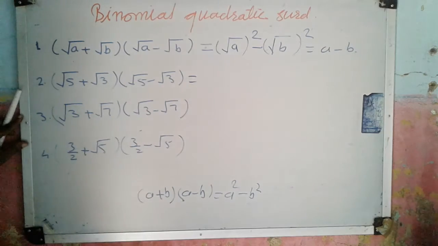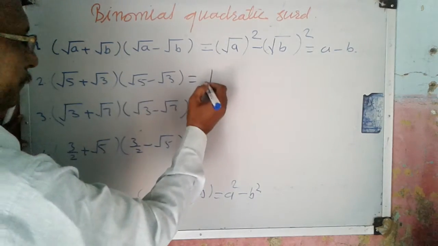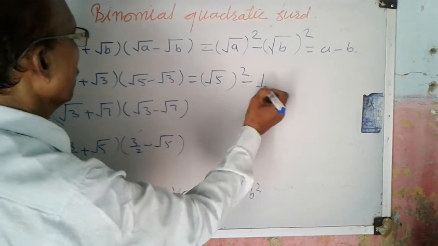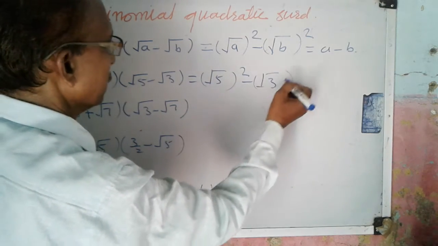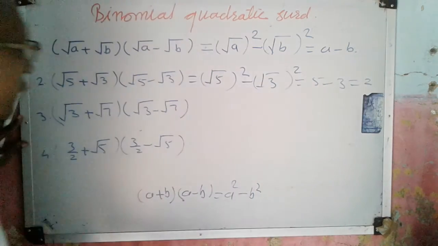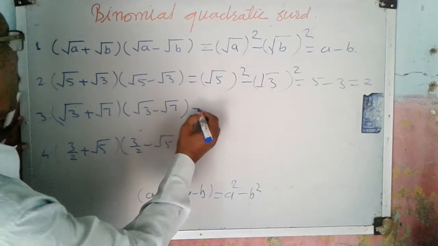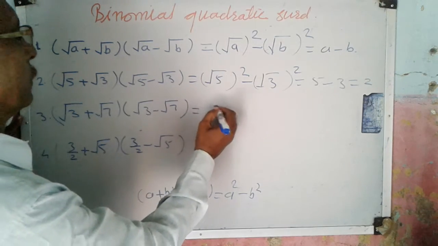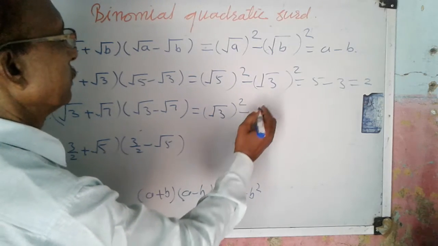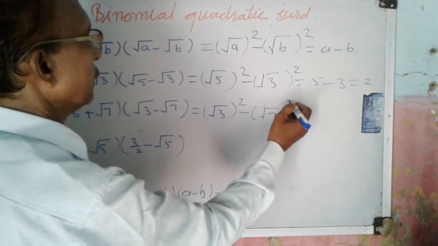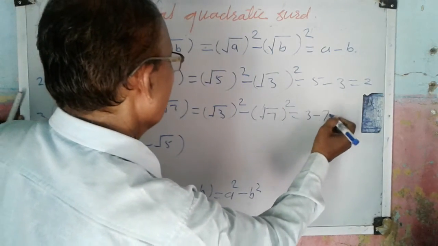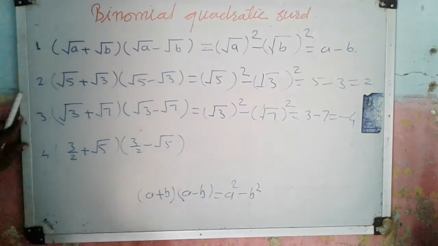Now here also root 5 square minus root 3 square, that is equal to 5 minus 3 is equal to 2. So here also root 3 square minus root 7 square, that means 3 minus 7 is equal to minus 4.